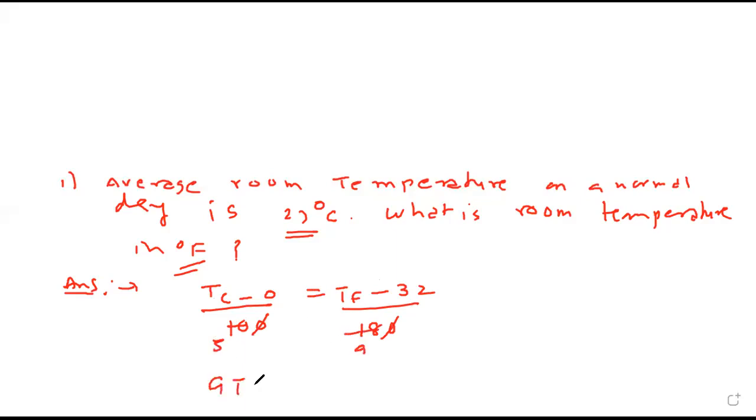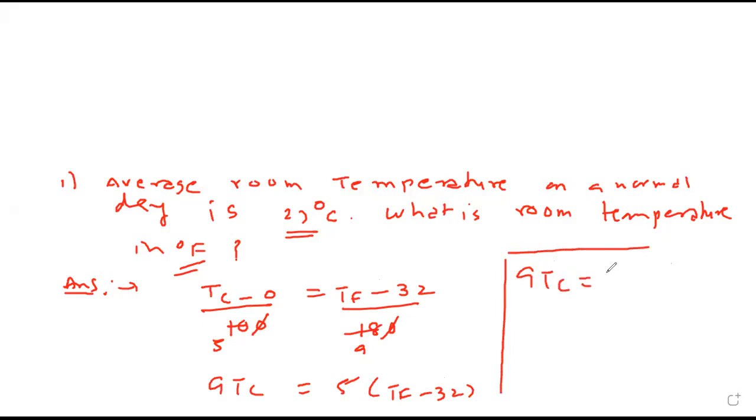So it is 9 times Tc is 5 times (Tf - 32). 9 times Tc is 5 times Tf minus 5 into 2 is 10, 5 3s are 15, 1, 16. 9 times Celsius, that is 27, is 5 times Fahrenheit minus 160.